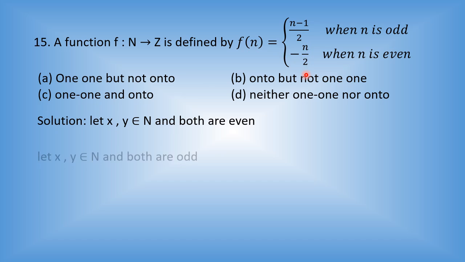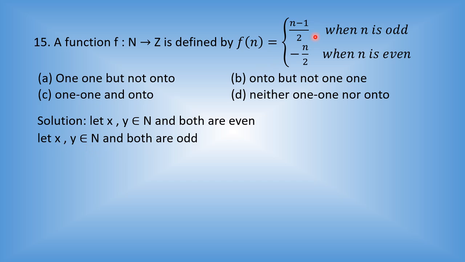Therefore, in that case, this is one-one. Clearly, when both are odd, then also the function is one-one. We won't consider the case when one is even and one is odd here, that is the exceptional case. So, we consider only these two cases. In both cases, the function is one-one.